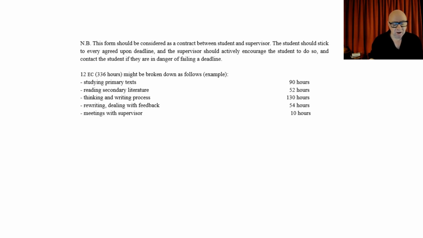Now, on the last page, you'll also find some indication of how you could divide your hours that you get basically for writing a thesis. So you see meetings with supervisor, 10 hours.